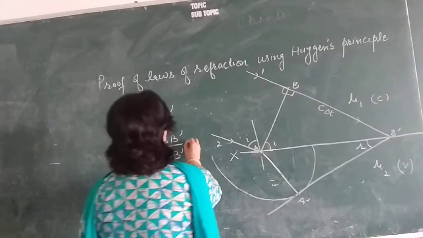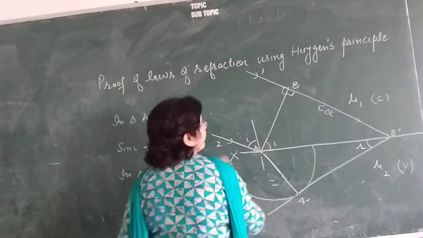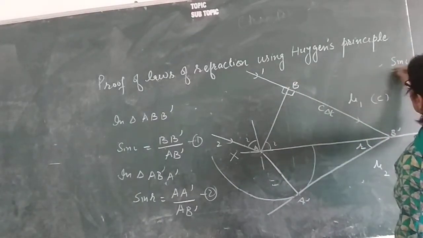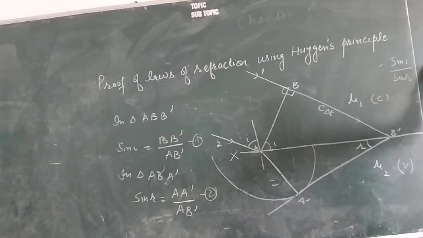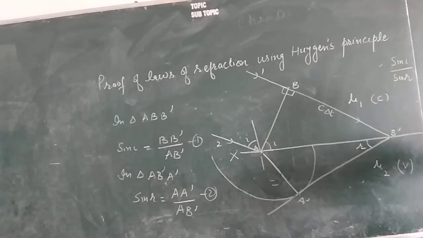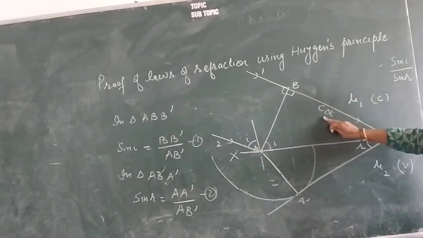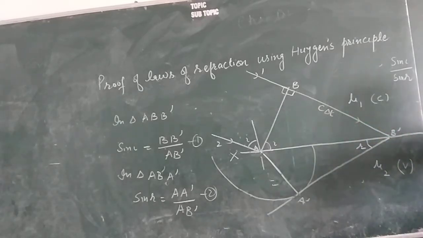So dividing 1 and 2, we will have sin i by sin r equal to BB dash upon AB dash upon AA dash upon AB dash. So AB dash will cancel out. We will have BB dash upon AA dash. Now what is BB dash? BB dash is c delta t. And what is AA dash?